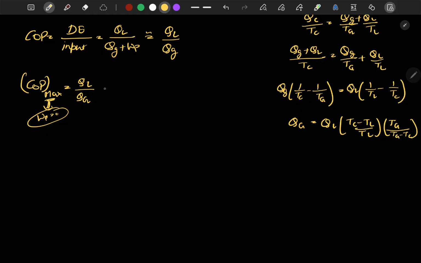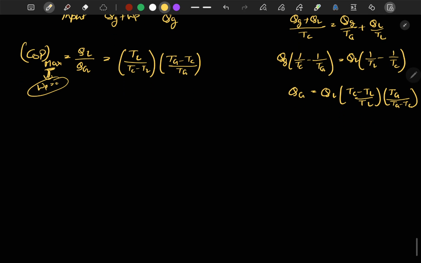This can be written in the form of TL upon (TC minus TL) into (TG minus TC) upon TG. Now from here we can say that the expression TL upon (TC minus TL) is the COP of Carnot, and the other factor is the Carnot efficiency.